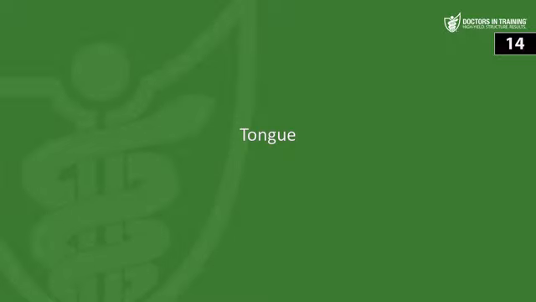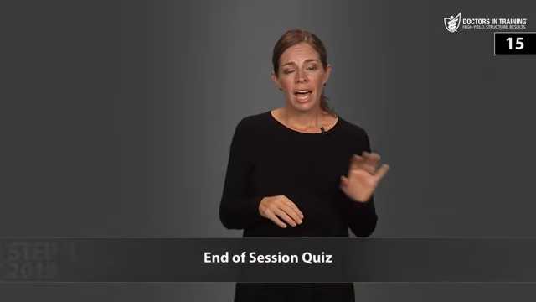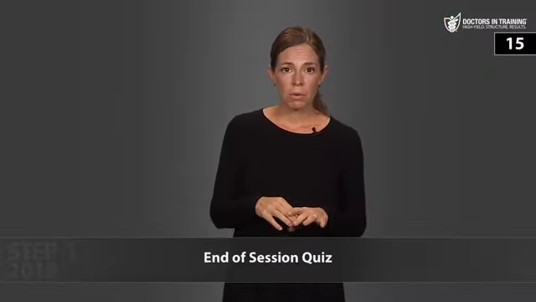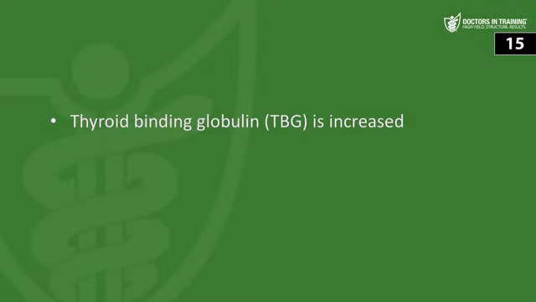First question, what's the most common location for ectopic thyroid tissue? The tongue. Next question, how would pregnancy affect serum thyroid hormone levels? So in pregnancy, thyroid binding globulin is elevated because estrogen upregulates thyroid binding globulin, TBG. So in pregnancy, there's more TBG, and that binds up the circulating thyroid hormone.